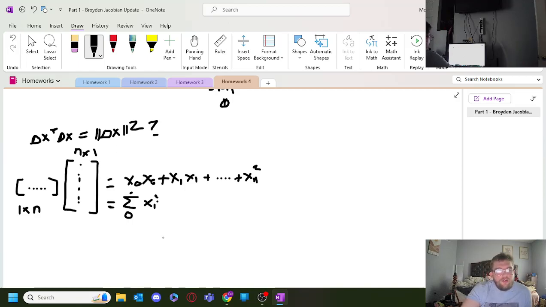Now, if we go over here, the way the norm is calculated is you take the square root of the square of each element.